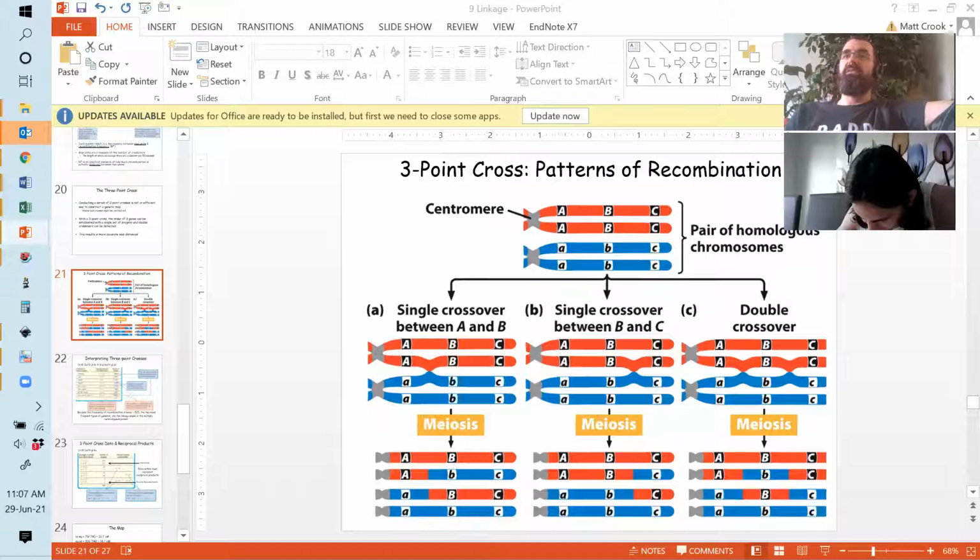If you remember back to the downsides of doing a bunch of 2-point crosses, what events do you miss if you did 3 2-point crosses instead of 1 3-point cross? They also happen to be the rarest.